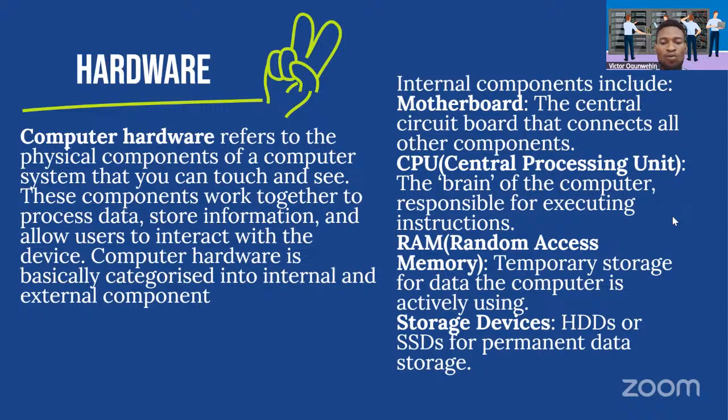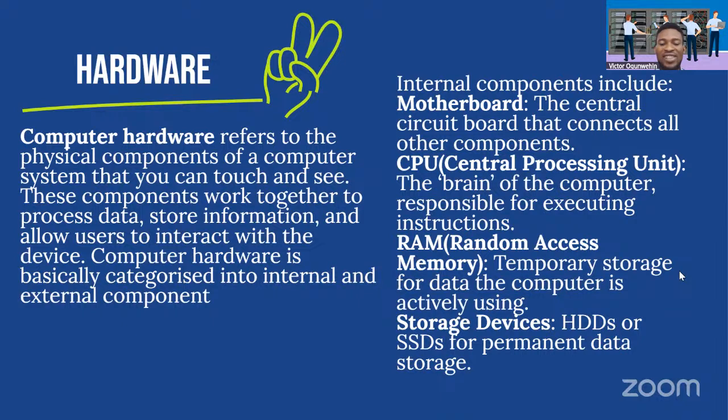Okay, we have next storage devices. When we see storage devices, this represents what we call ROM, read-only memory. We have two major types of storage devices or components, which are HDD or SSD. HDD is hard disk drive, and SSD is solid state drive. They represent permanent data storage.